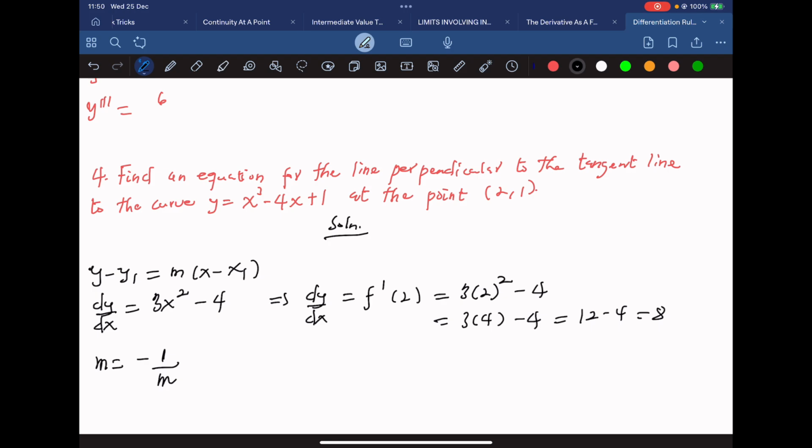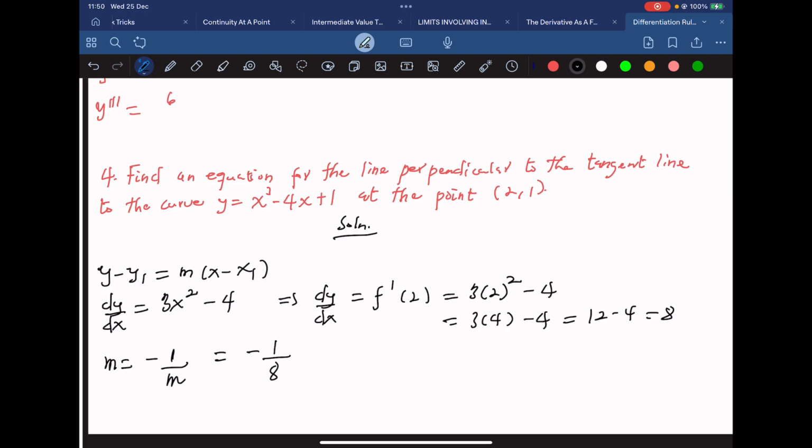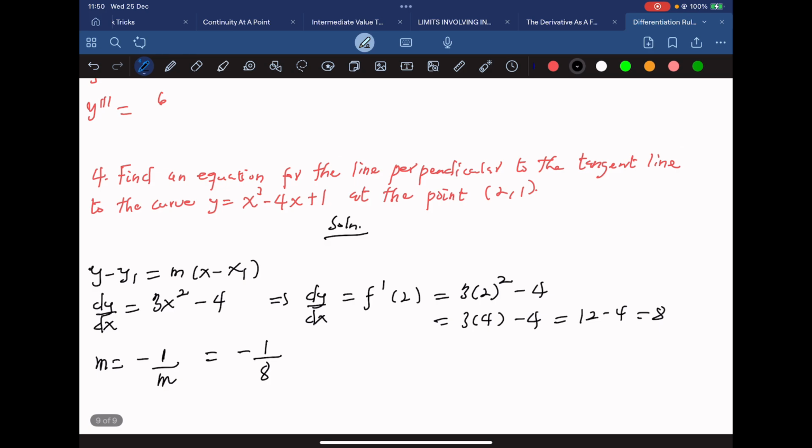This is because the line is perpendicular. So we have negative 1 out of our m, which is 8. So we can write our equation as y minus y1, where y1 is 1, our m is negative 1 out of 8, then x minus x1, which is just 2.